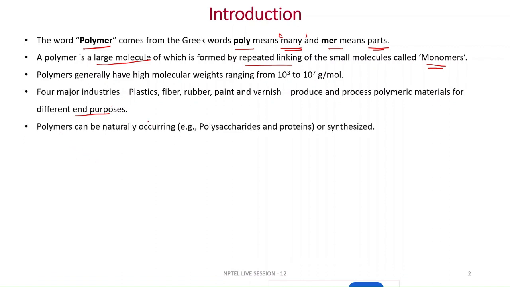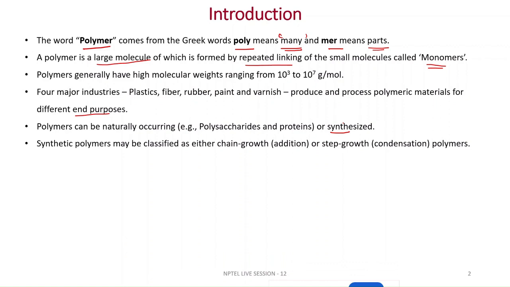Polymers can be naturally occurring, like proteins and polysaccharides, or they can be synthesized. Synthetic polymers can be classified as either chain growth or addition, and step growth or condensation polymers. We will discuss this part at a later stage.